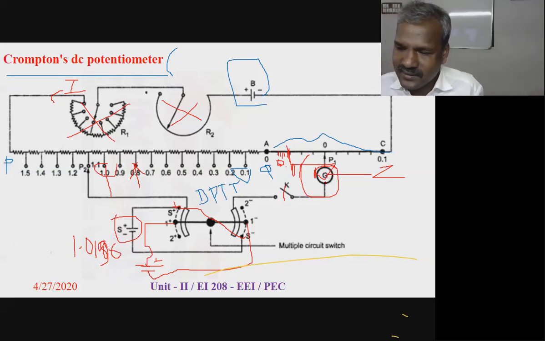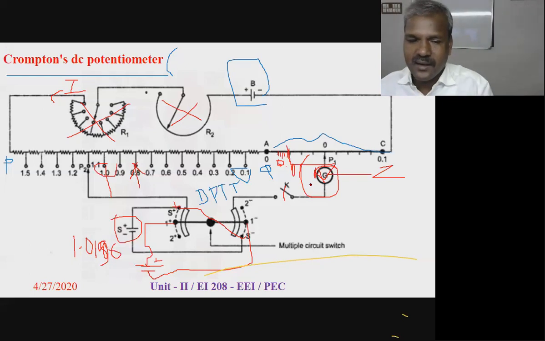If it moves this side, the EMF is more. Depending on the galvanometer deflection on either side, you can make the coarse and stud adjustments. First place P2, then move the P1 key until you get zero deflection.